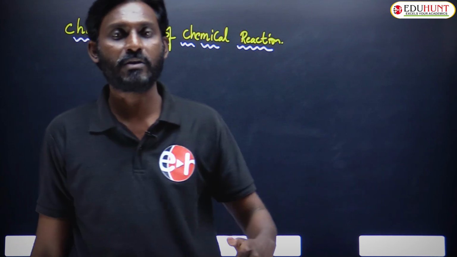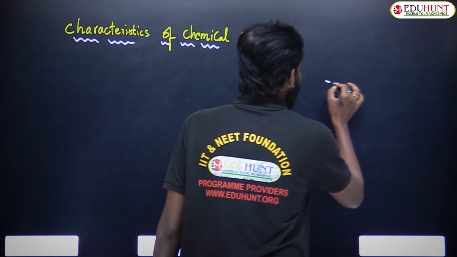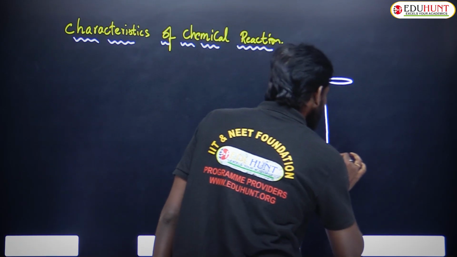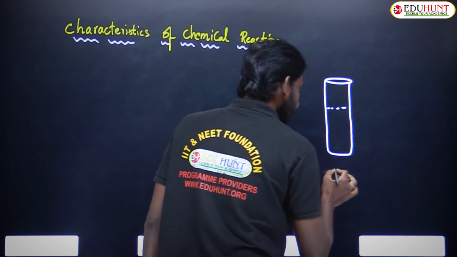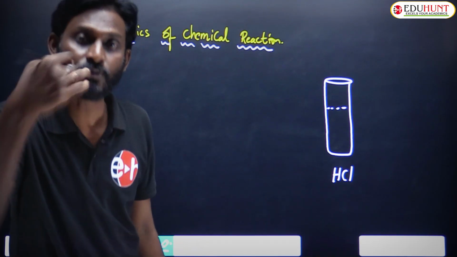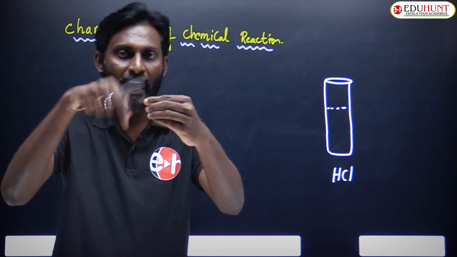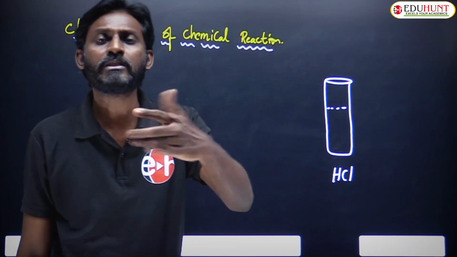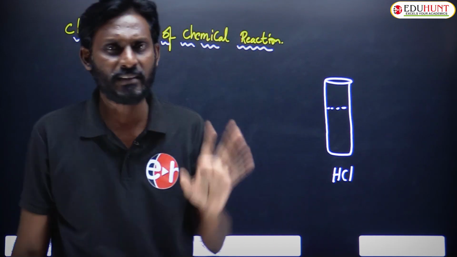For suppose I'll take a test tube. In this test tube, I have taken HCl acid, hydrochloric acid solution. That means I have taken water, and inside water I dissolve HCl, but it's almost transparent, looks almost like water only, some fumes are coming, that's it.